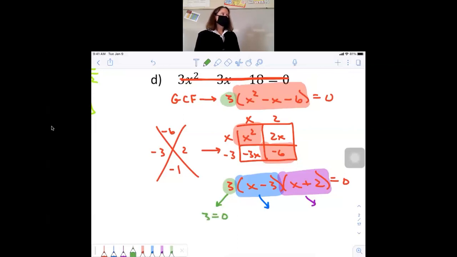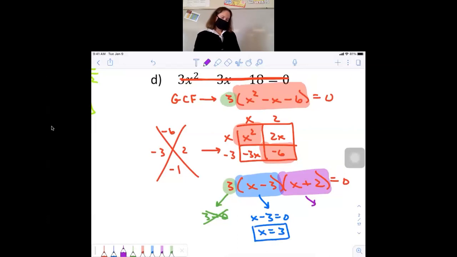One of those 3 things has to be 0 because of the zero product property. Can 3 ever be equal to 0? No. You either have 3 or you have 0. So that will never be a possibility. So our other possibilities are going to have to come from x minus 3 being equal to 0.